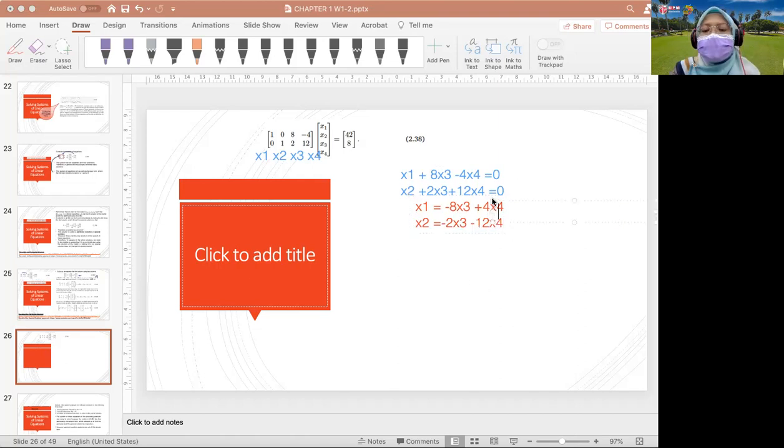Okay, and we transform the right hand side into matrices.